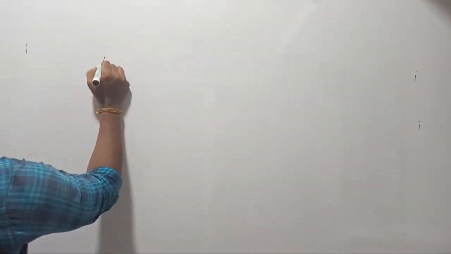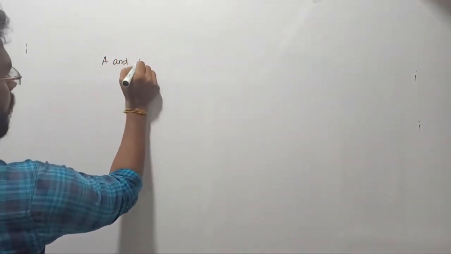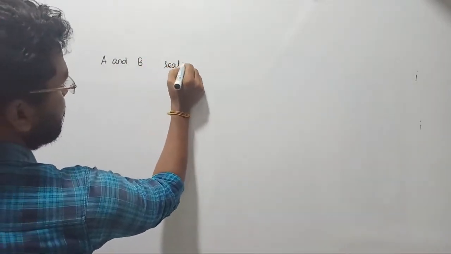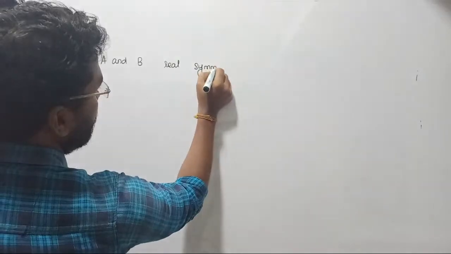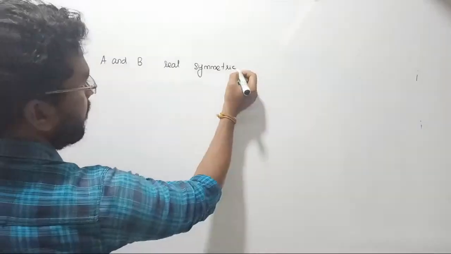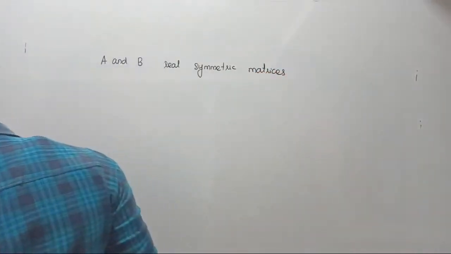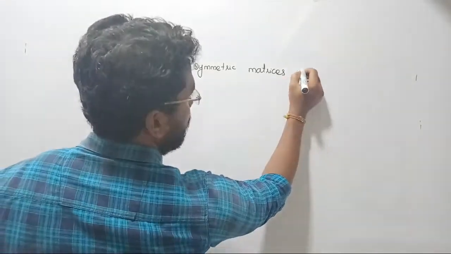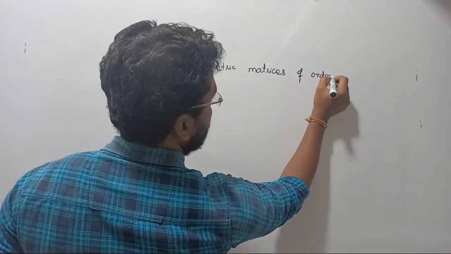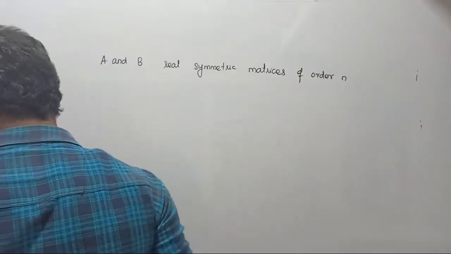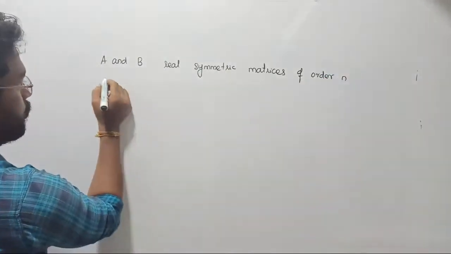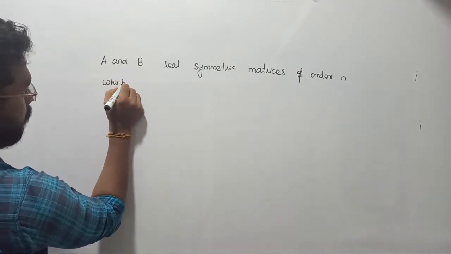Question number 1 is: if A and B are real symmetric matrices of order n, then which of the following statements is true?